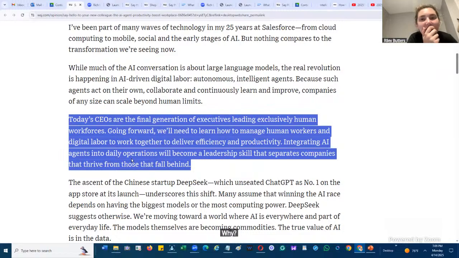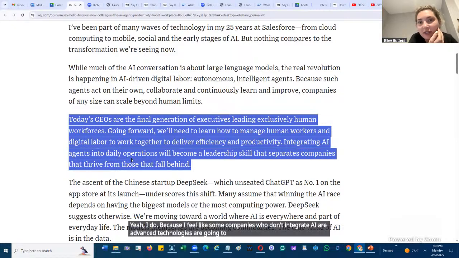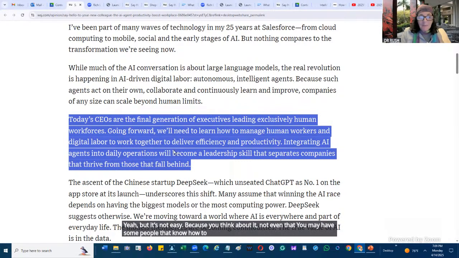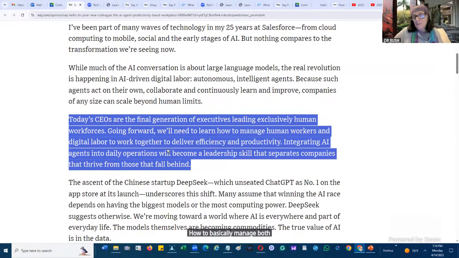Because I feel like some companies who don't integrate AI or advanced technologies are going to struggle. Yes, but it's not easy. You may have some people that know how to manage workers, and some people that are really good at managing AI, but you need to know how to manage both of them to be efficient and productive.